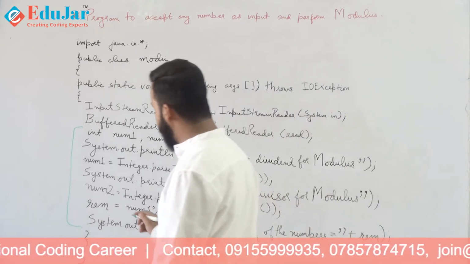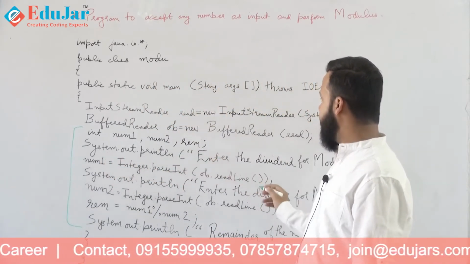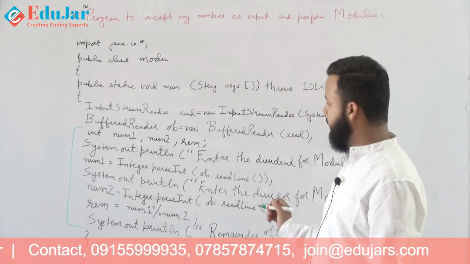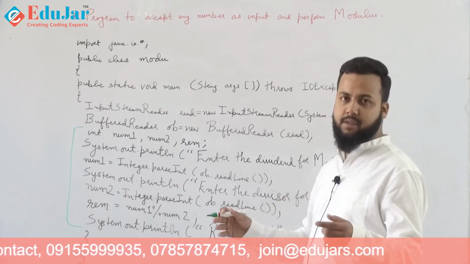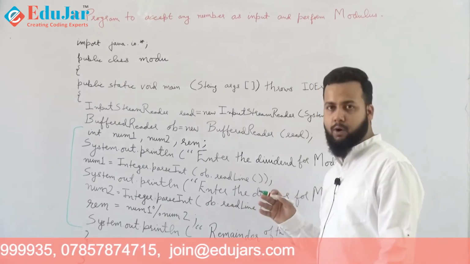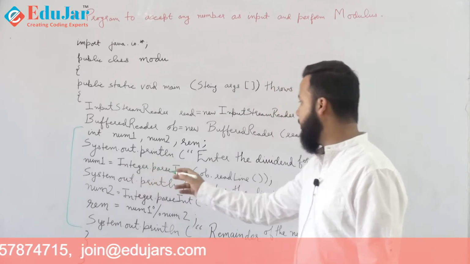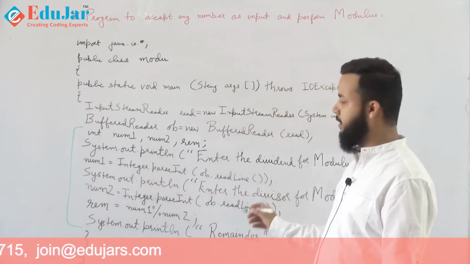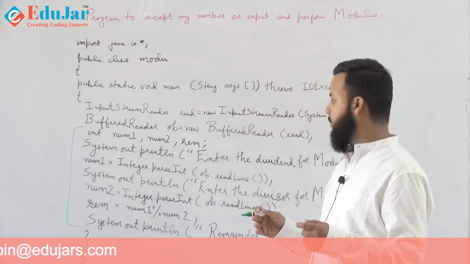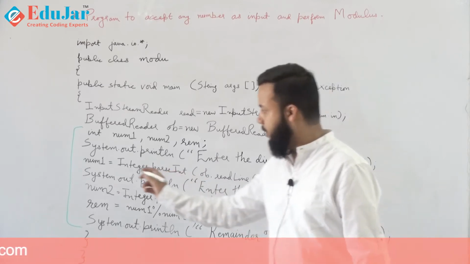You can see over here I have used System.out.println, enter the dividend for modulus. So we have given a message to the user that the user should enter the dividend for modulus division. And in num1 I have used Integer.parseInt(ob.readLine()). So we are accepting the first number as the dividend in num1.